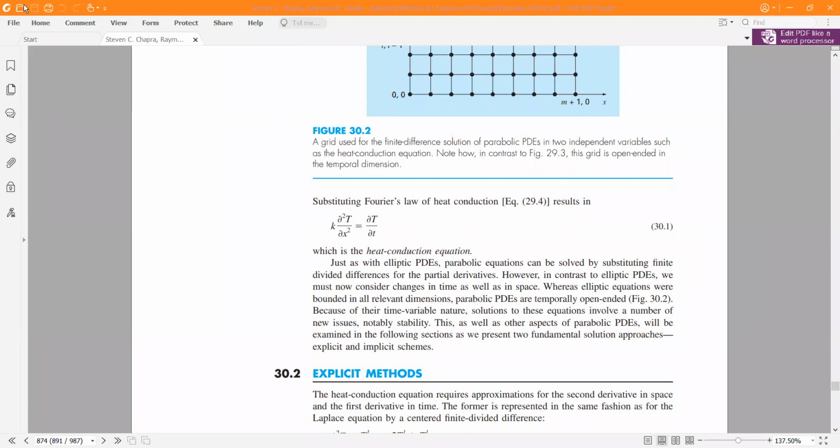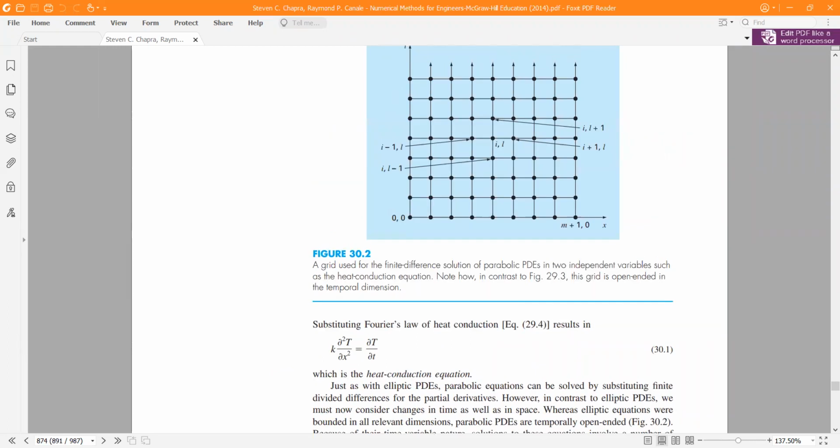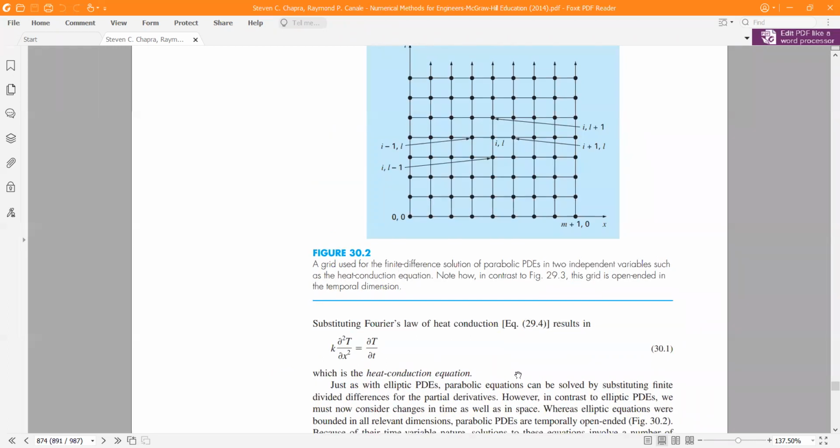This equation has some similarity with our electrical engineering eddy current problem. If we want to proceed with the finite difference technique of deriving the numerical equivalent of this equation, what we need to do is approximate the space derivative, the second derivative, and find the time derivative.